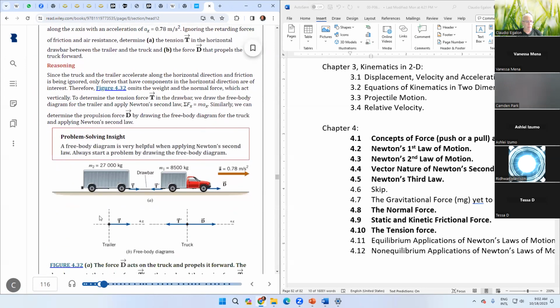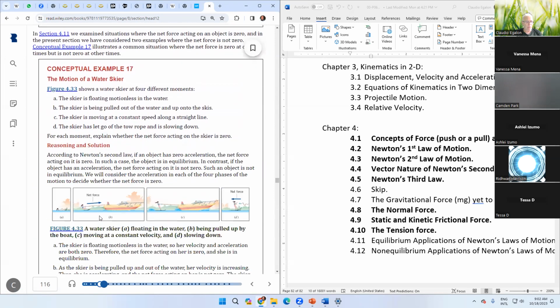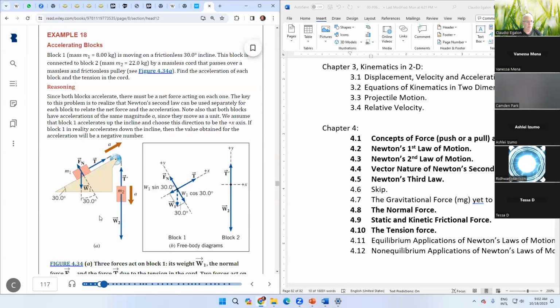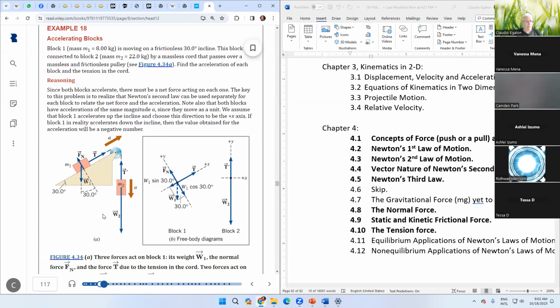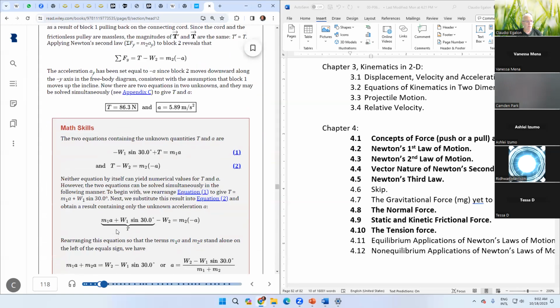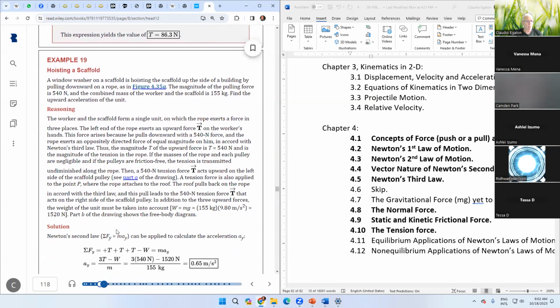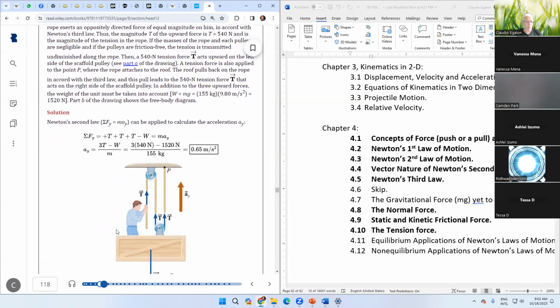That's another example. That's another example here, accelerating blocks on an inclined plane. Hoisting scaffold.